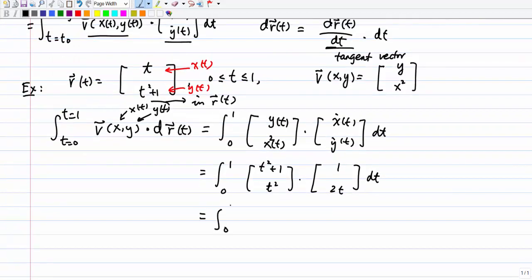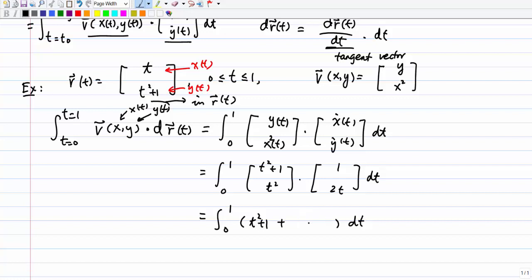So the integral from 0 to 1 with the dot product is just the product of the first entries of each vector plus the product of the second entries. So it's (t squared plus 1) times 1, plus (t squared plus 1) times 2t, dt.